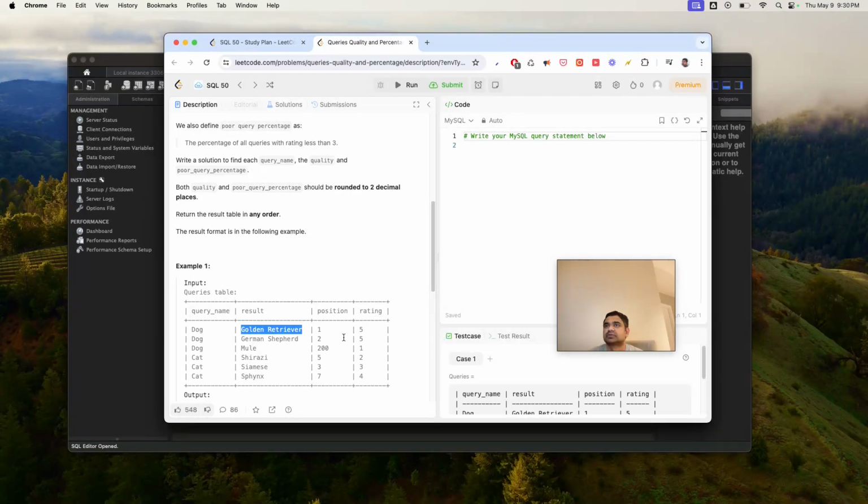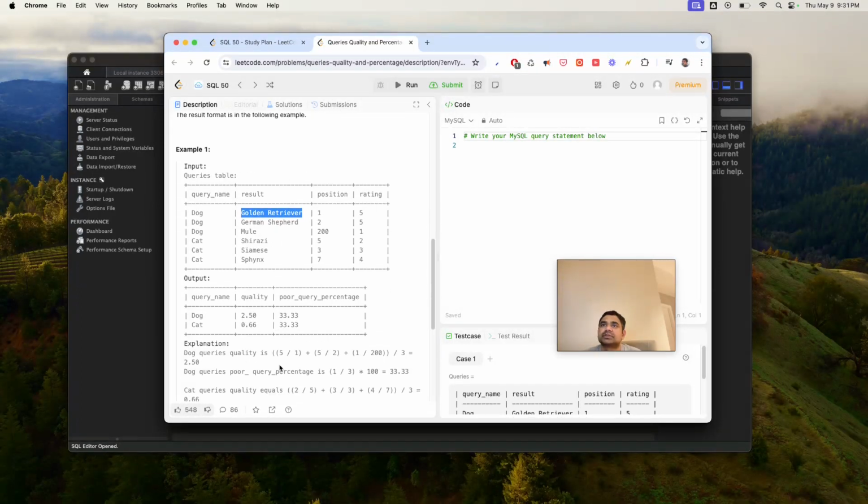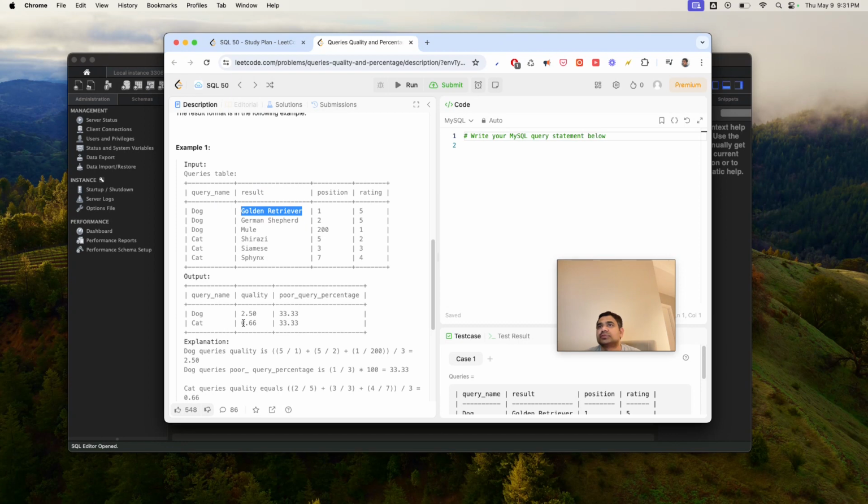Then position, rating, and we have some other output also. The output should be based on the query name. Query name dog has the quality 2.50 and poor query percentage also there.